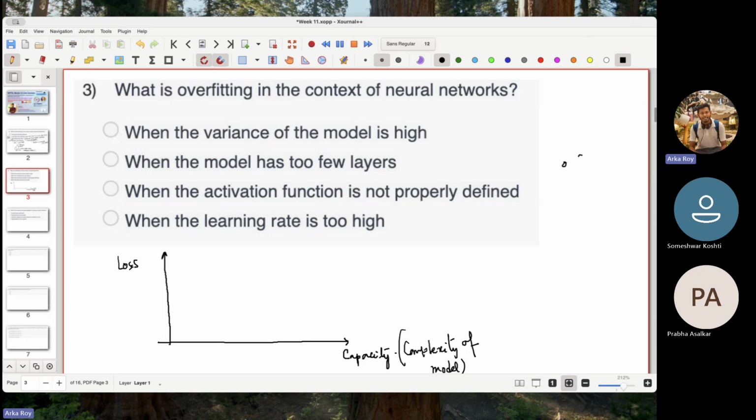You have certain data points and you have to fit a polynomial curve. Let's say the original polynomial curve is like this, and your neural network predicts something like this. This blue one is the NN prediction, and this green one is the original one. Now, what happens if you train a model which is very less computationally complex?